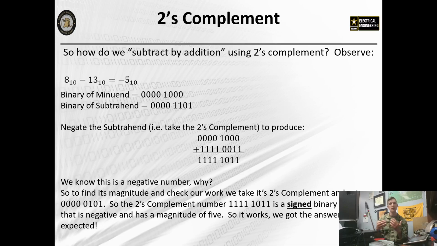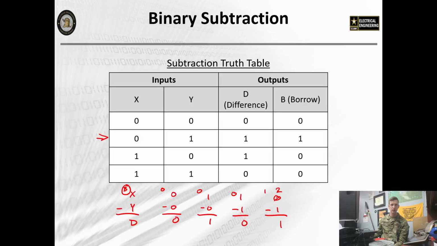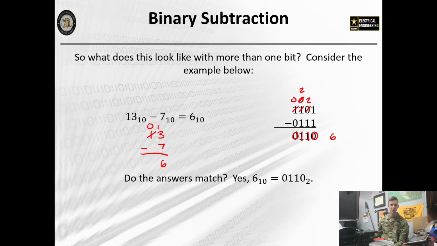So we can do all of our math with 2's complement, and in fact, we can simplify subtraction. Here I'm trying to subtract 13 from 8. Before, when we were doing subtraction, borrowing was difficult to figure out.